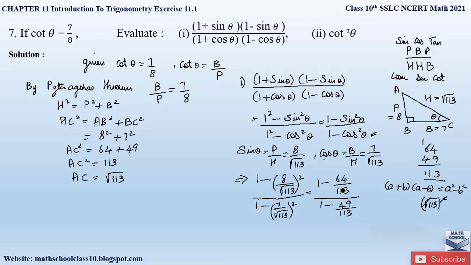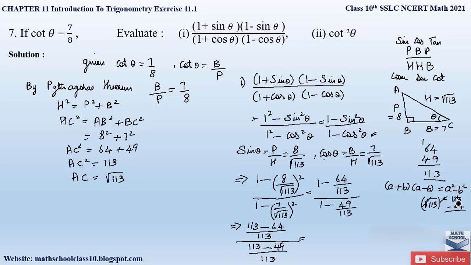Now let us take the LCM here. So by taking LCM, this 113 will be multiplied here. So we will get 113 minus 64 divided by 113, the whole divided by 113 minus 49 divided by 113. So subtracting 113 minus 64, how much will that be?